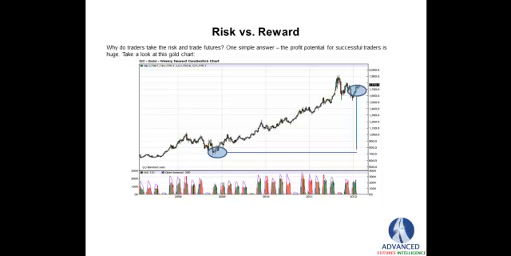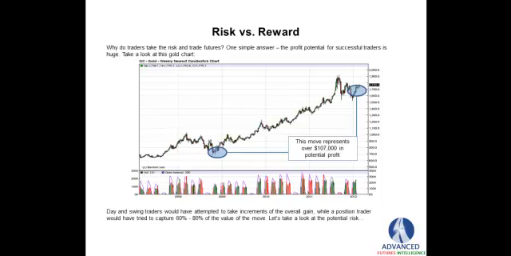Now, you can see that gold went from about $700 to about $1,700 per ounce there. Well, that move was worth over $107,000 in potential profits. So if you had been able to catch it right at the bottom and exit the position right at the top, you would have made over $107,000 in profit.